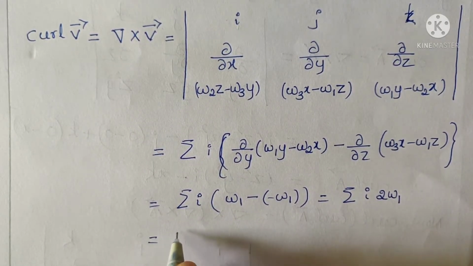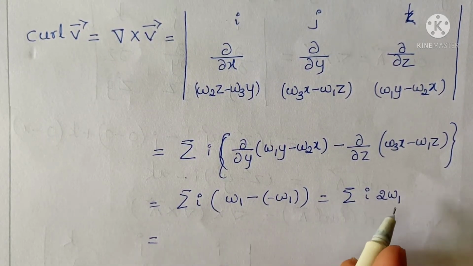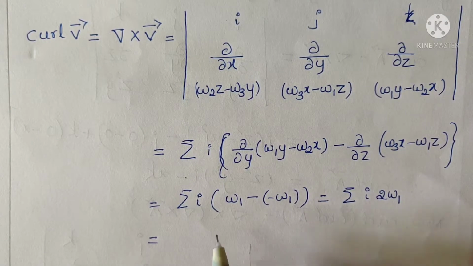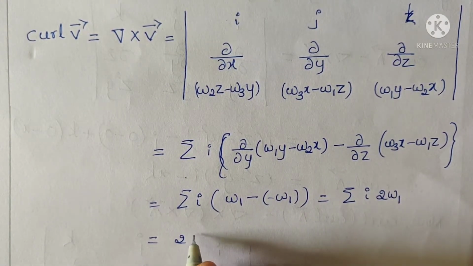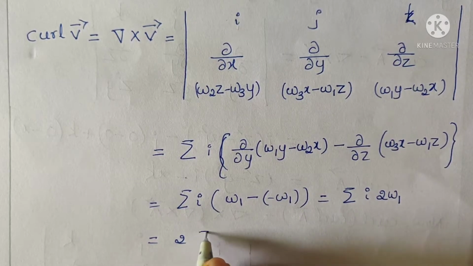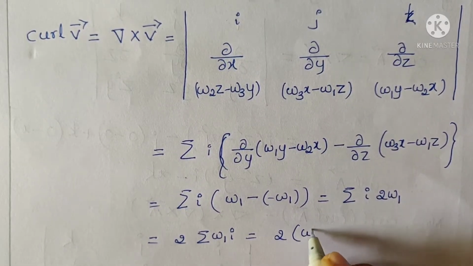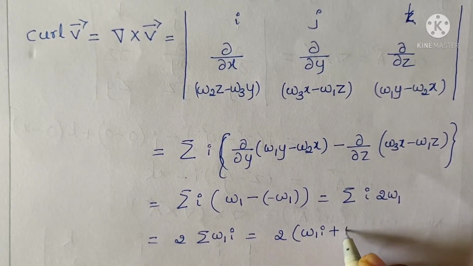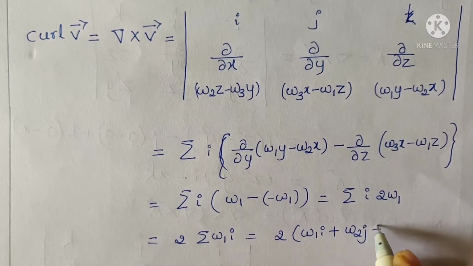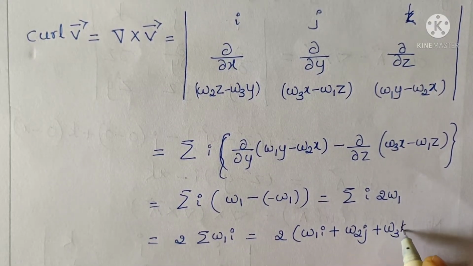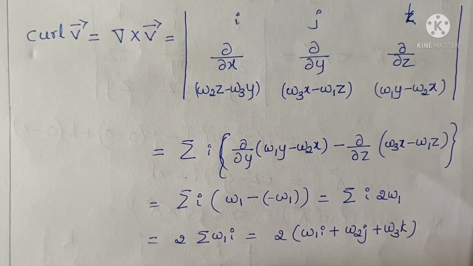So this is the summation of i into 2 w1, that is, w1 into the 2 outside. The summation of w1i means what? 2 times w1i plus w2j plus w3k. But what is it? That is vector w.